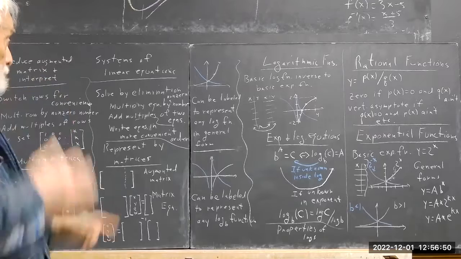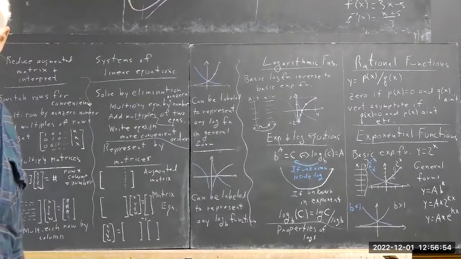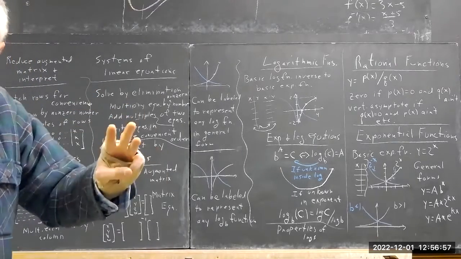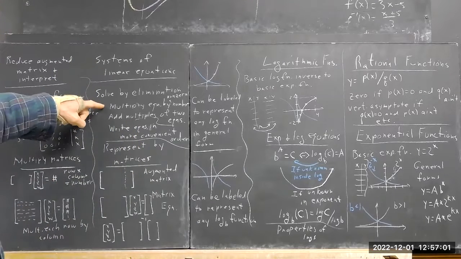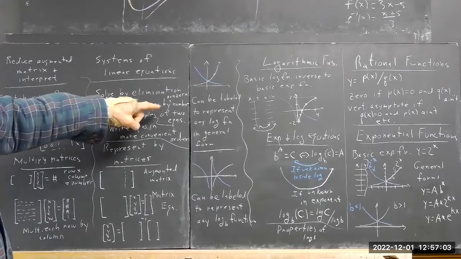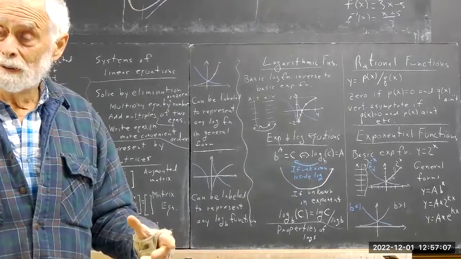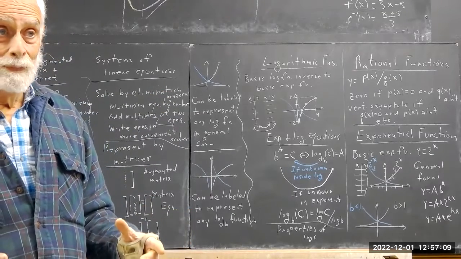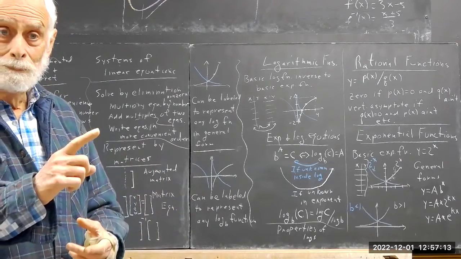So how do you solve by elimination? There are three things you can do at every step. You can multiply any equation by any non-zero number without changing its solutions. If it's an equation of two variables, it has a graph that's a line.